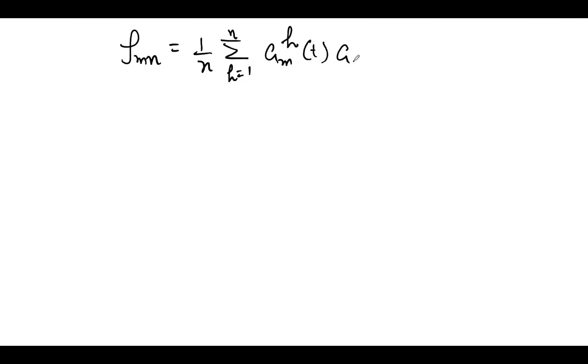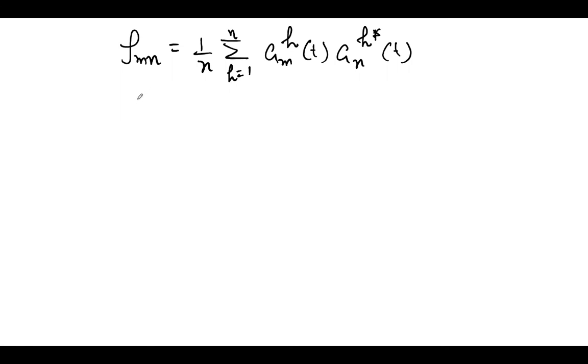The density operator ρ_mn is equal to 1 over N summation of k from 1 to N, a_mk(t) into a_nk*(t).